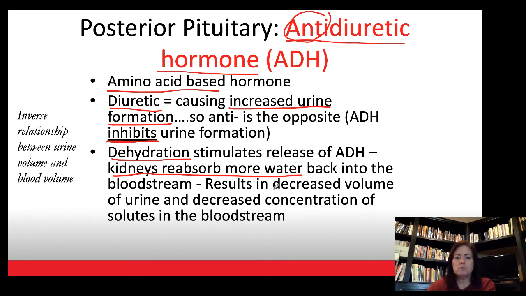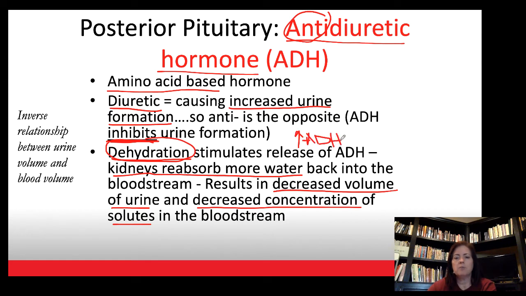This is going to result in a decreased volume of urine. And as a result, we're going to have a decreased concentration of solutes in the bloodstream because we are adding more water to them. So the primary reason that you see this is in conditions of dehydration, we have increased release of ADH.